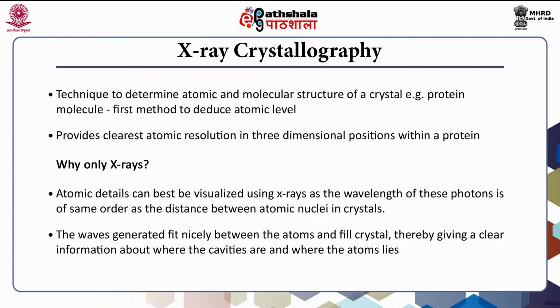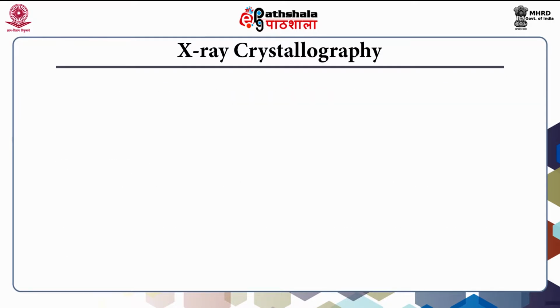That is why, among all the radiations, X-rays are chosen for the determination of protein structures or the molecular structure of larger molecules. So, let us see what the requirements of X-ray crystallography are.